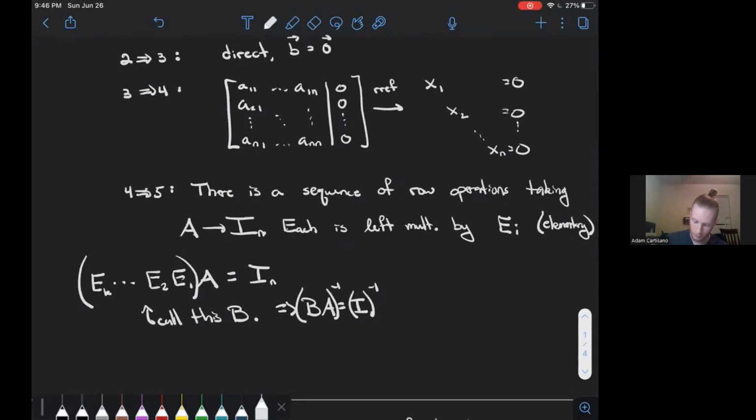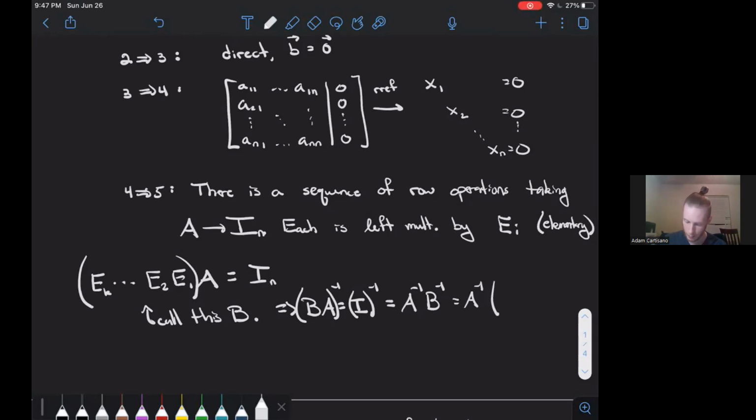But this is also, by previous theorem, A inverse, B inverse. But B inverse is just the reversed sequence of row operations, reversed and inverted.